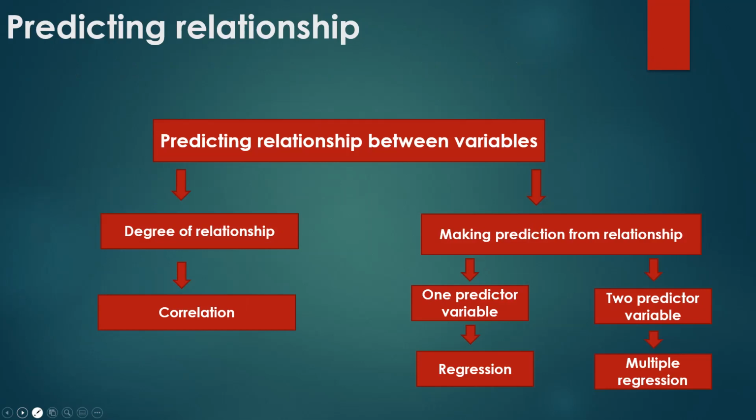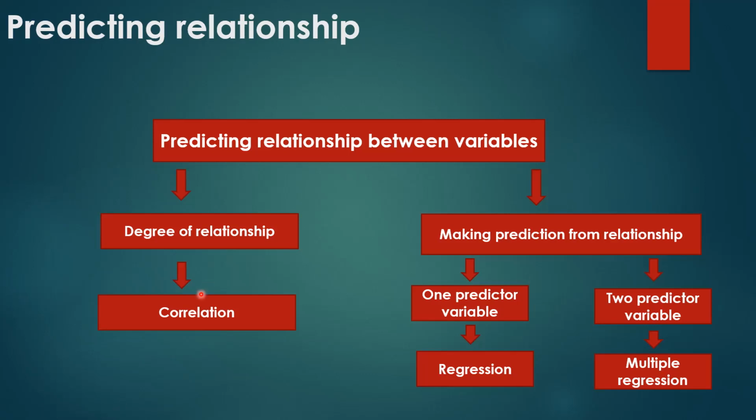Like those who are doing economics, if the business atmosphere is a certain way, then the economy of a country booms. In marketing, the more customers you get, the more turnover you get. So there's always that predicting relationship. Some people predict the value of the dollar and stuff like that. So regression is at play, or correlation. You understand?